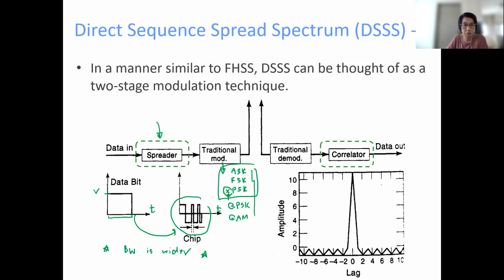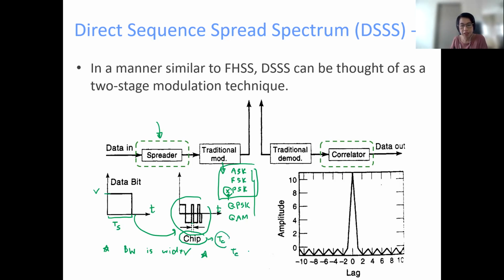For example, this is one symbol, one period of time. But if you take a look here, each smaller part is called a chip. The time duration of the chip we call TC, the time that you send one chip, which is very small, a short time to transmit one chip.